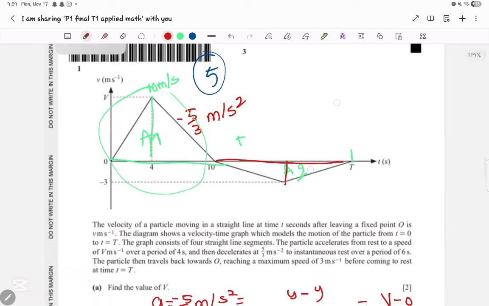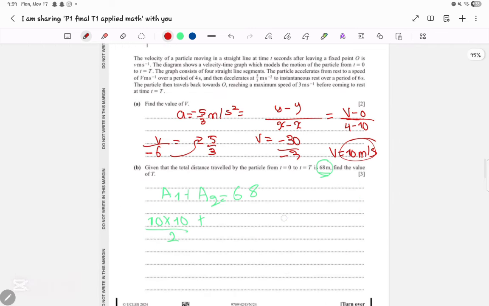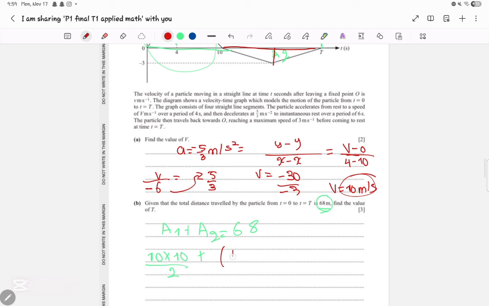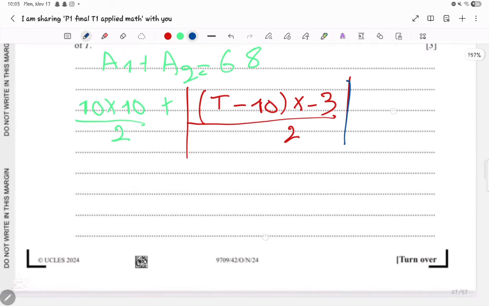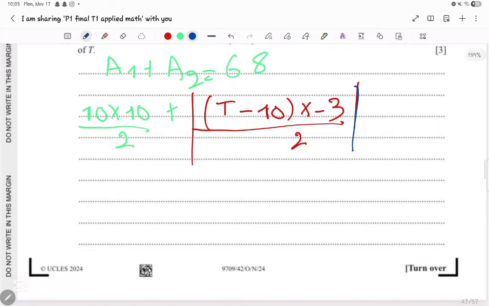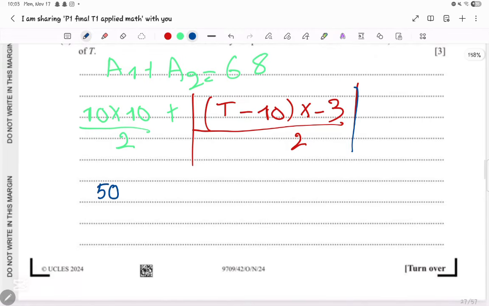So it's capital T minus 10, times the height, minus 3, over 2. I just continue calculating. So 50 plus 3 times T minus 10 over 2 is equal to 68.